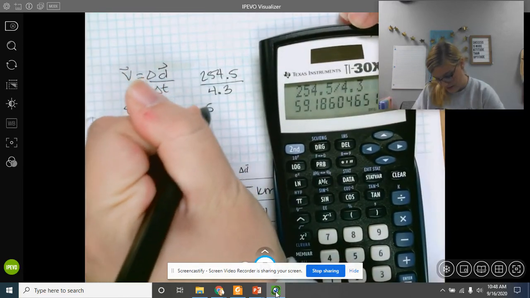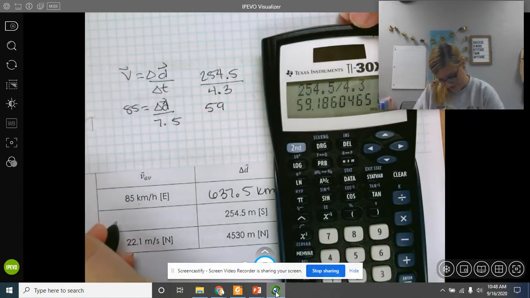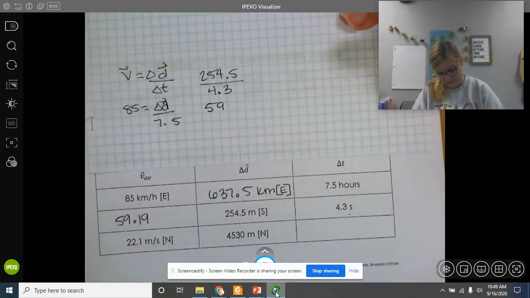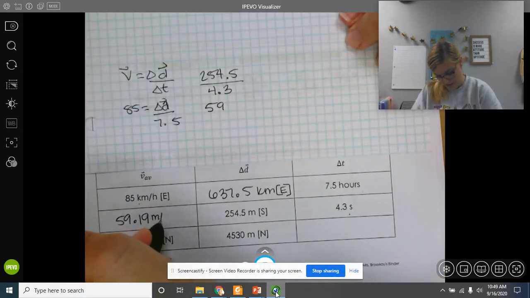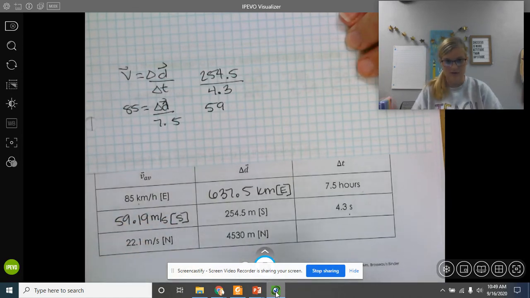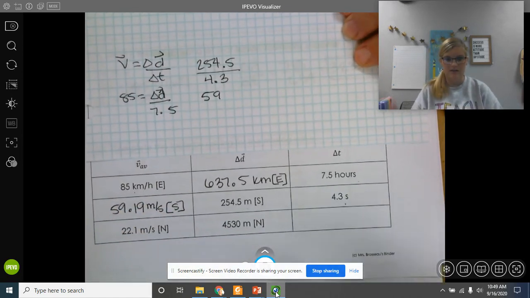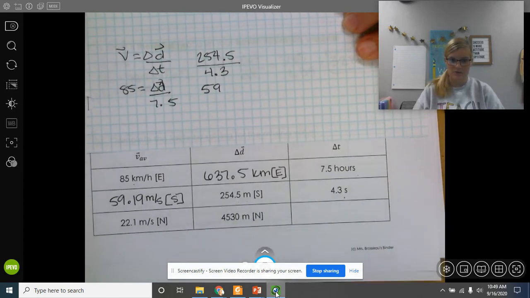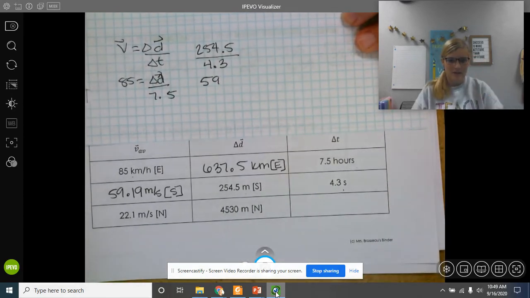And I get 59.19. And I'm going to do meters per second. And then my direction for my velocity is south. If you forget to add your direction, you do miss points for it. So make sure those are included.